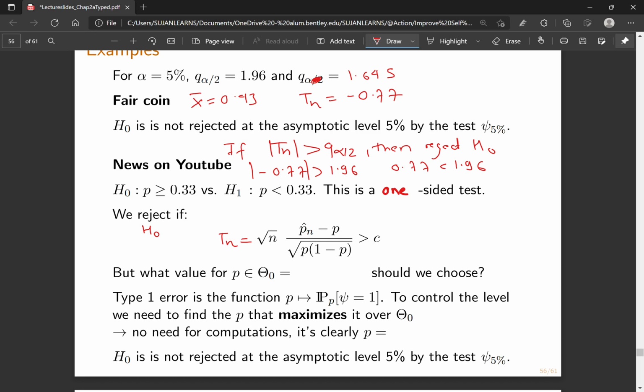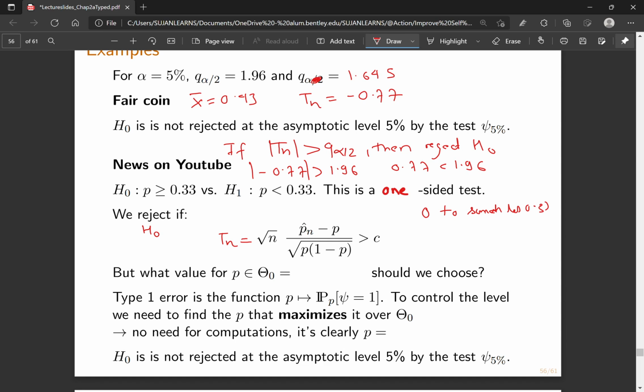Okay, let's try to decide what the value of C is now. To do that, we have to understand our rejection range. What is our rejection range? Our rejection range is 0 through something less than 0.33.